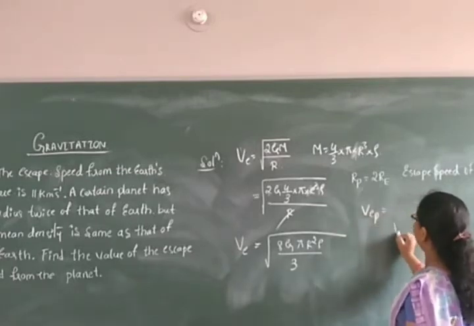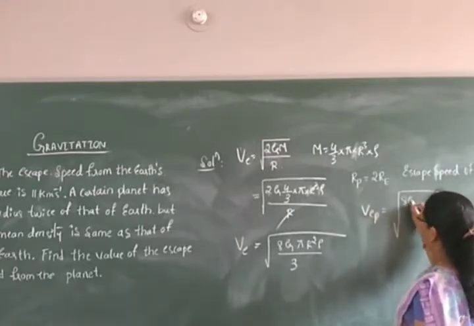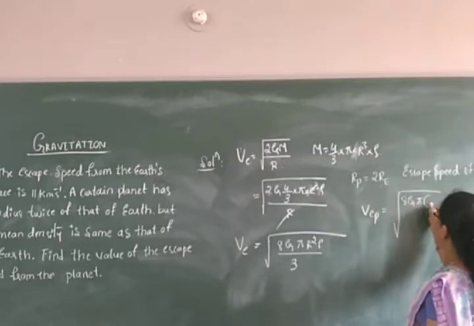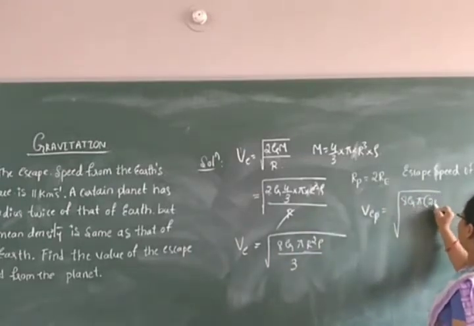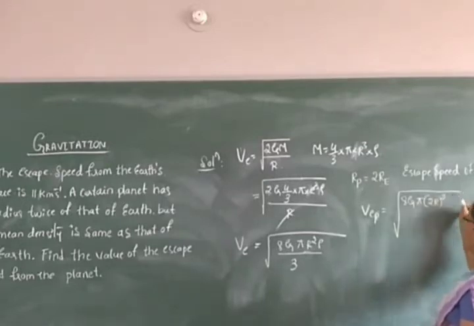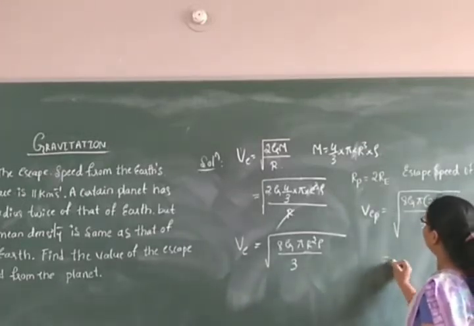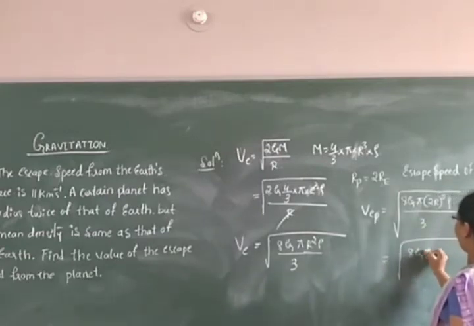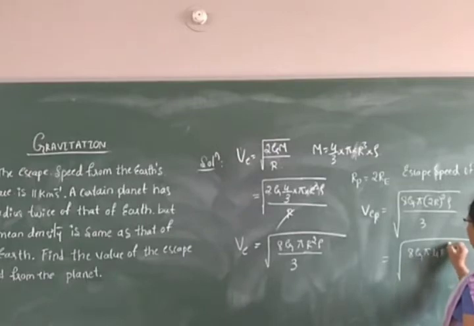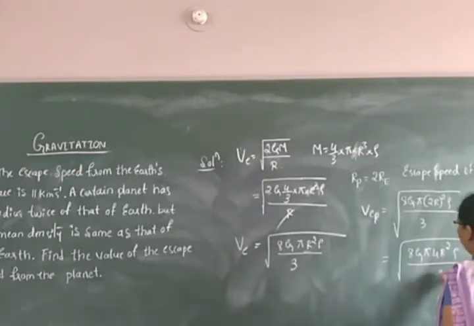Now we need to find out the escape velocity of the planet here. So what is it? 8G pi, in place of r I will put 2r square, into rho divided by 3. So what will it give? 8G pi 4r square rho by 3.